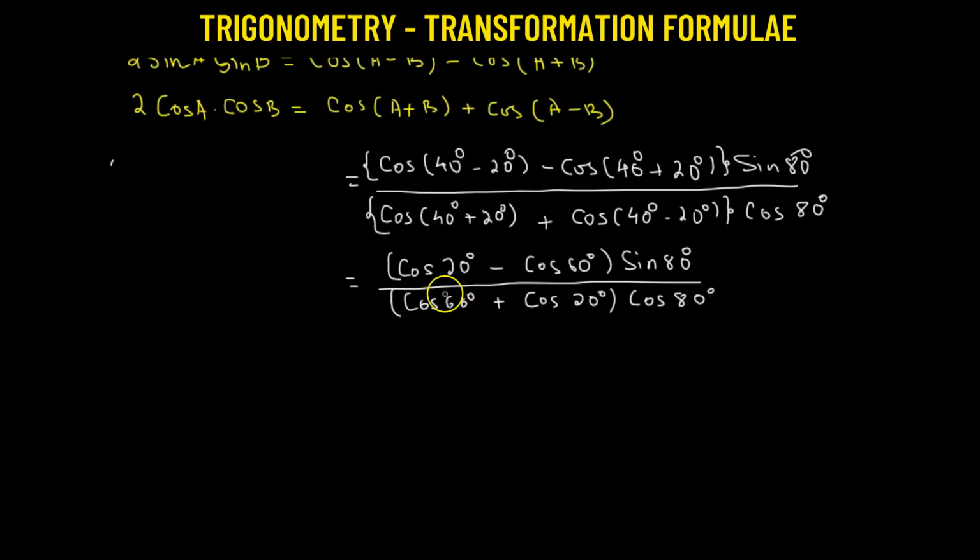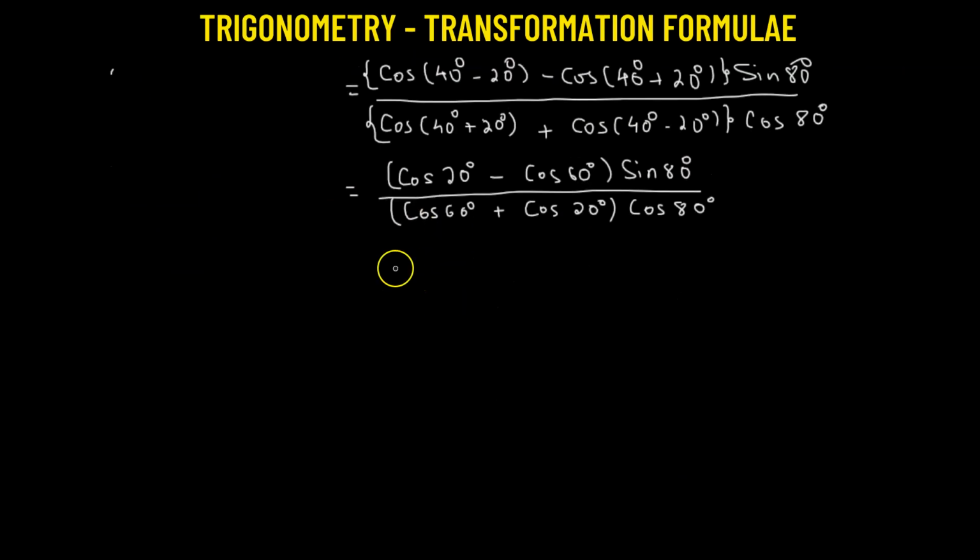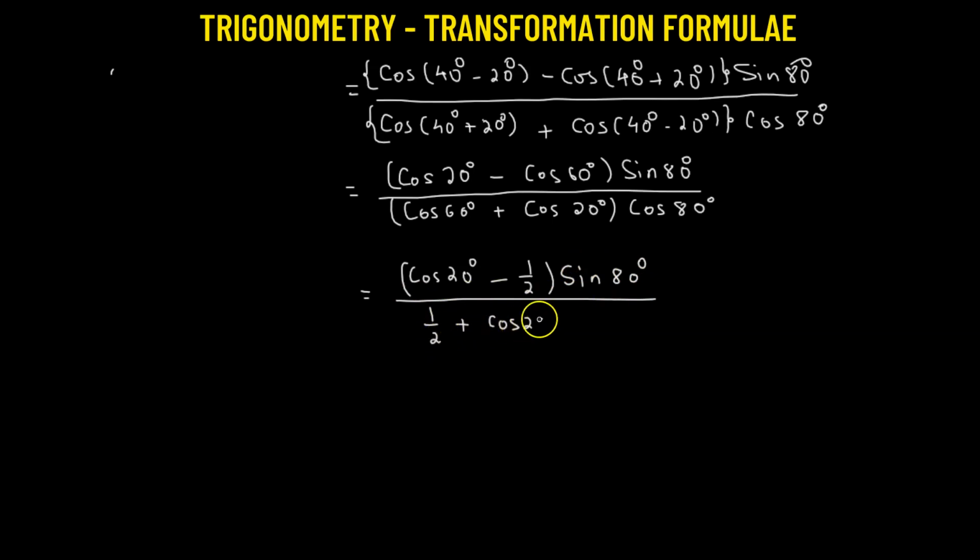Now we know that the value of cosine 60 degree is half. So we have cosine of 20 degrees minus half in the numerator, and this will be multiplied by sine 80 degrees, whole divided by cosine of 60, so that's half, added to cosine of 20 degrees, multiplied by cosine of 80 degree.